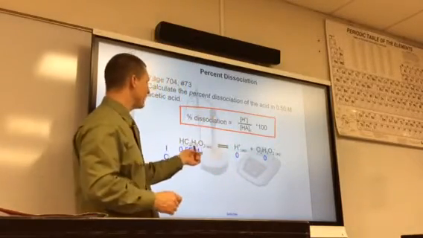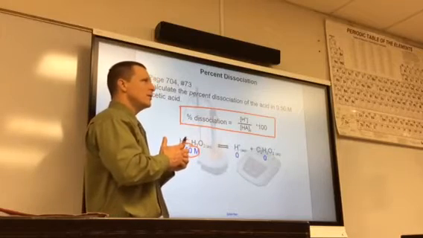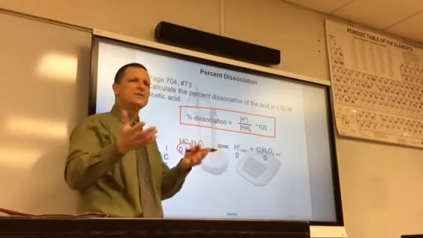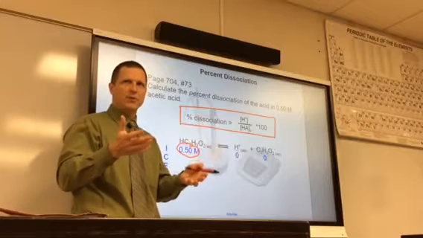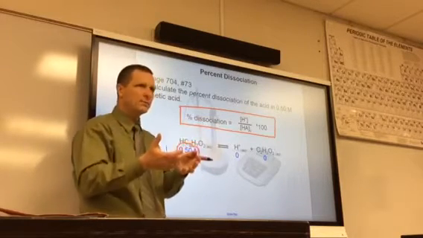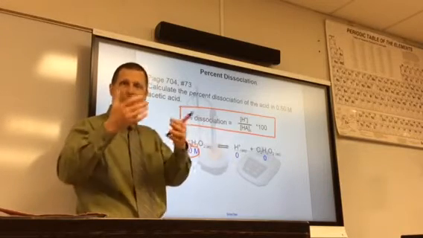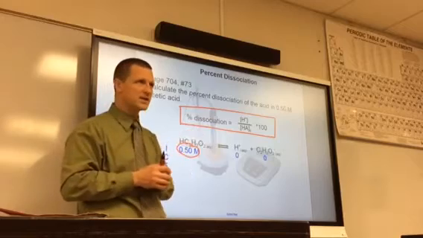Let's say that we started with 0.5 molarity of our acid and 0.1 molarity of it dissociated. What would be the percent dissociation? If we start with 0.5 and 0.1 molarity dissociates, it would be 0.1 divided by 0.5, which would be 20%.